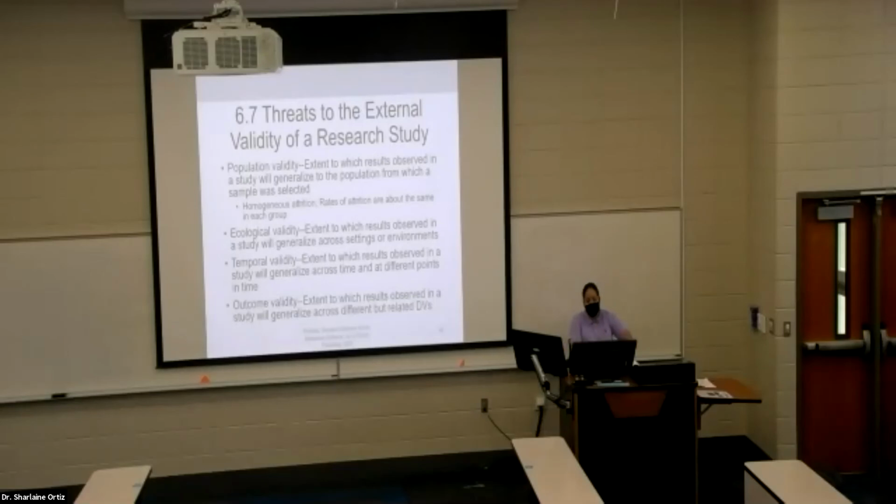First and foremost, one of the first threats will be population validity. Simply put, it is the extent to which the results that you observed in your study will indeed generalize to that population.